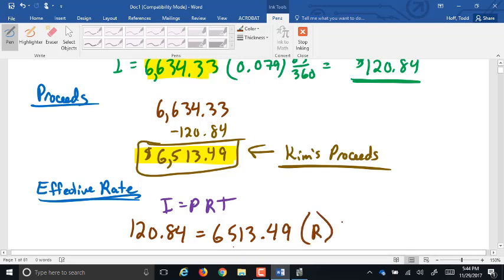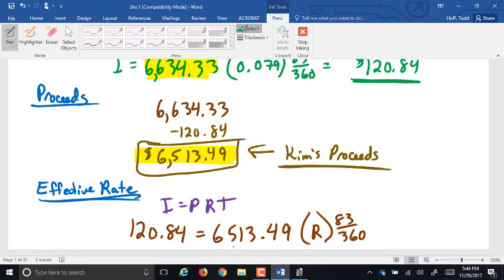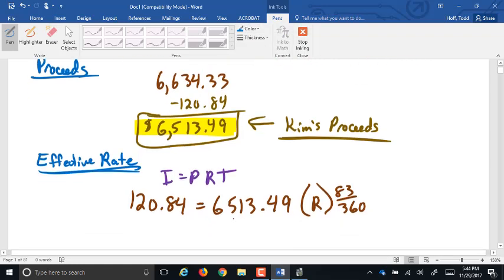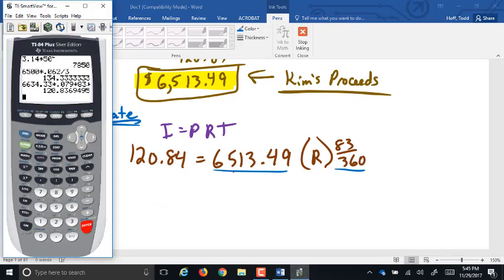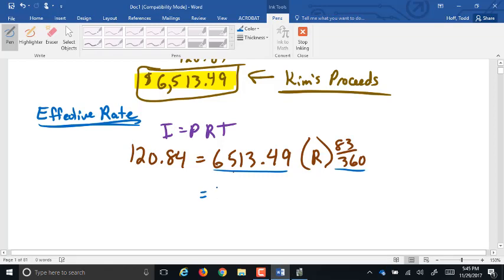Then we have R, and the time is 83 out of 360, because that's how long the bank held that note. So now we have to combine these two numbers on the right side. So I'm going to take $6,513.49 times 83 divided by 360. And this might come out to be an ugly number, and it is 1501.72.